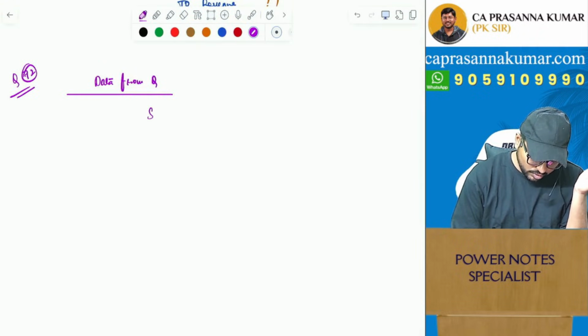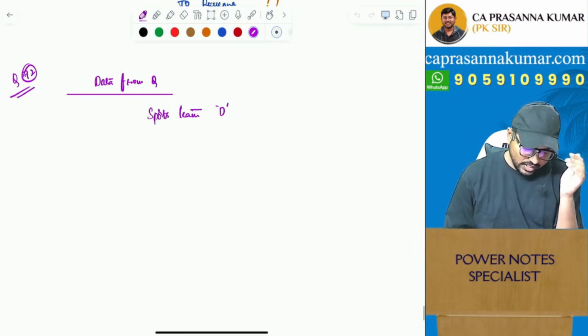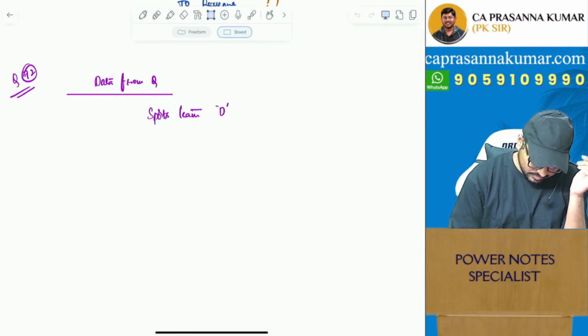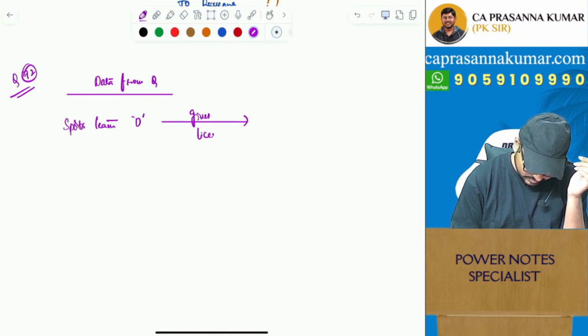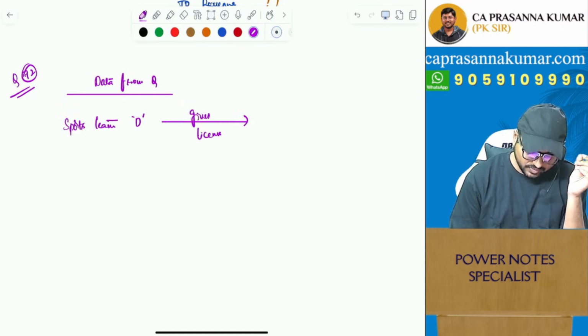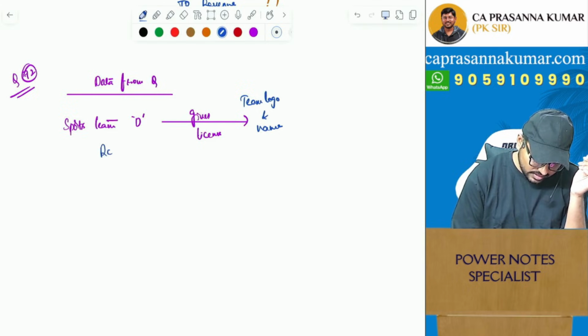You have sports team D. Okay, this fella gives license. What kind of license is it giving? Team logo and name. Like for example, let's say this is RCB.